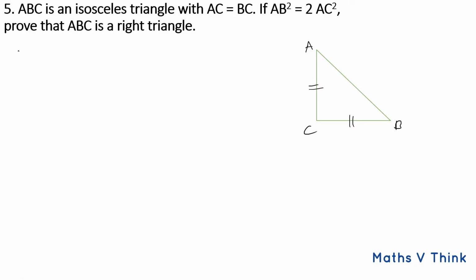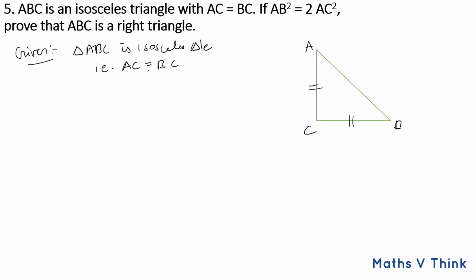We'll write the given part. Triangle ABC is an isosceles triangle, that is AC is equal to BC, and also they gave AB square is equal to 2AC square.